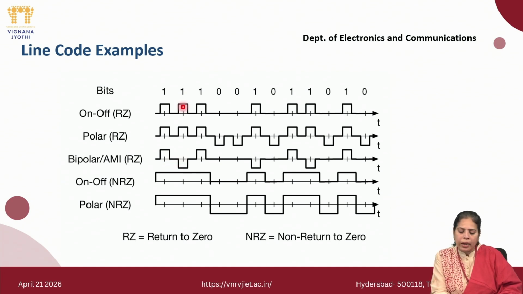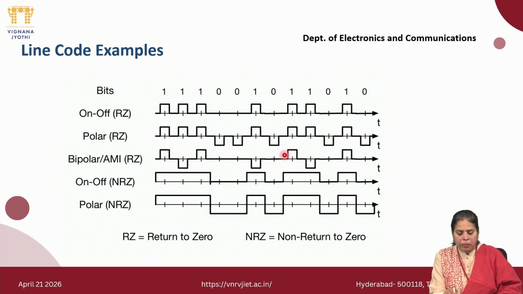And again, if I want to transmit 1, I use a negative polarity pulse, which is again maintained at a negative value for half the duration and 0 for the other half. Whereas to transmit 0, we transmit 0 volts on the line. So this is also called alternate mark inversion, because whenever we transmit ones, we use alternating positive and negative pulses.